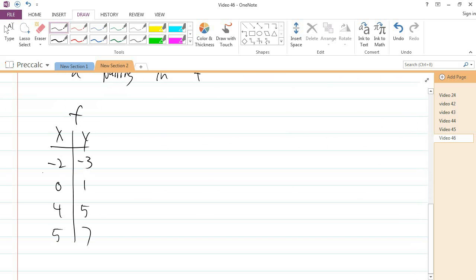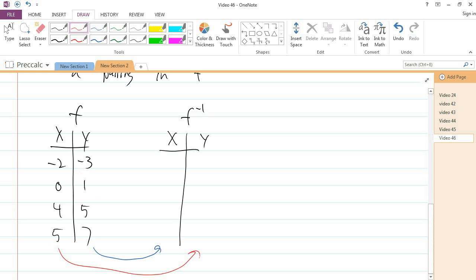To create f inverse, all I need to do is exchange the x and y values.